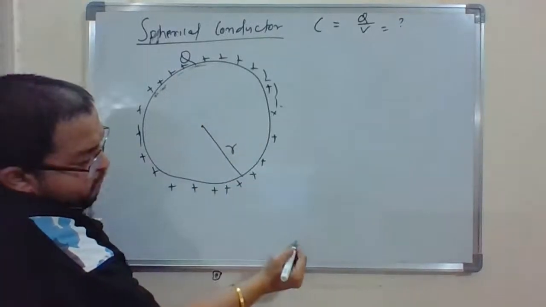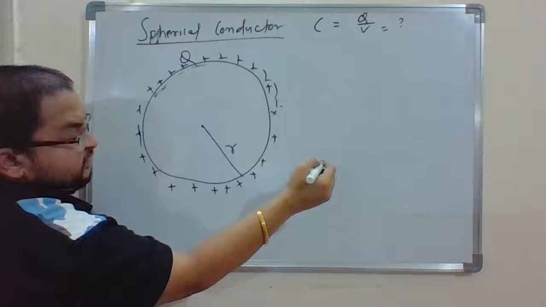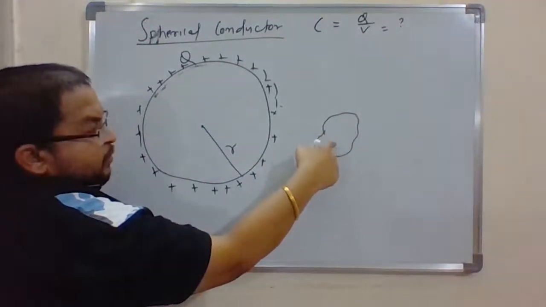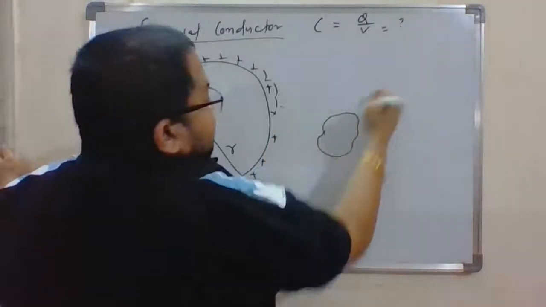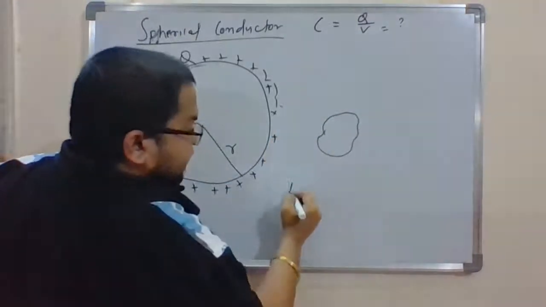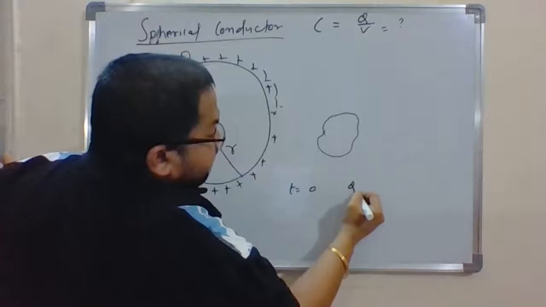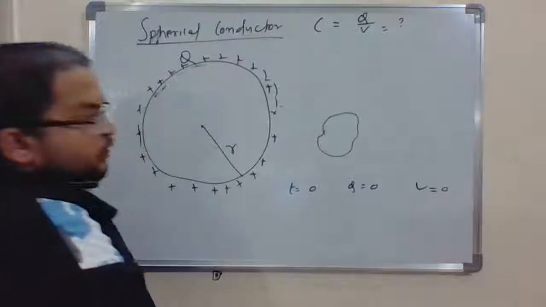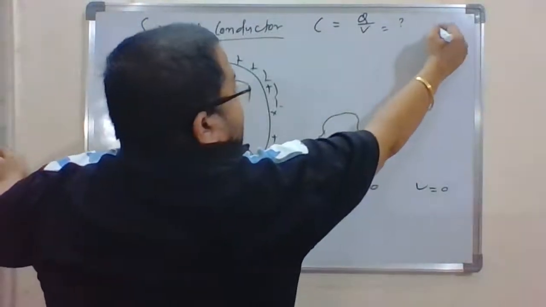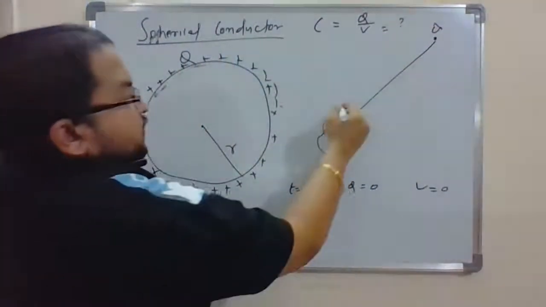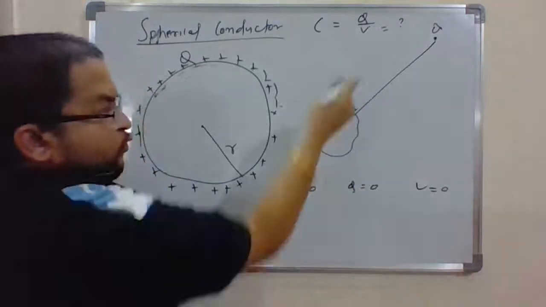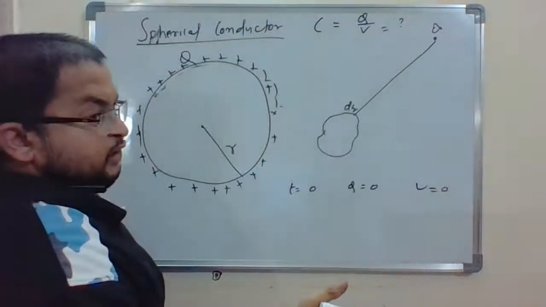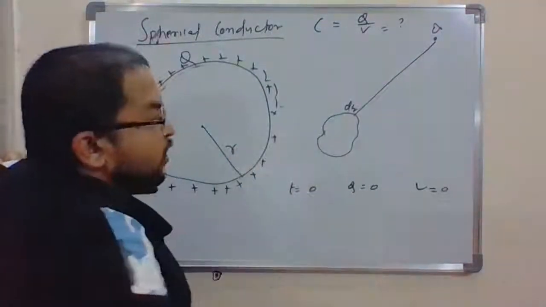As we were just discussing some time before, I showed an irregular shaped body like this, and I said initially there was no charge on this, right? At t equals 0, charge was 0, and obviously your potential was 0, right? From infinity, I brought the first charge dq. When I'm bringing the first charge dq, potential will still be 0 because no charge is there to obstruct it.